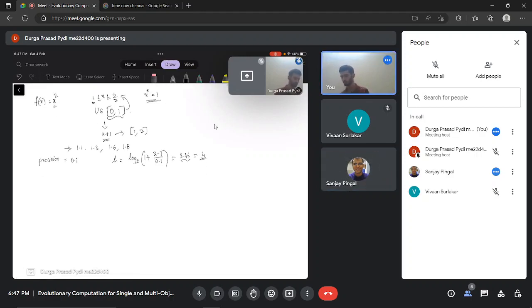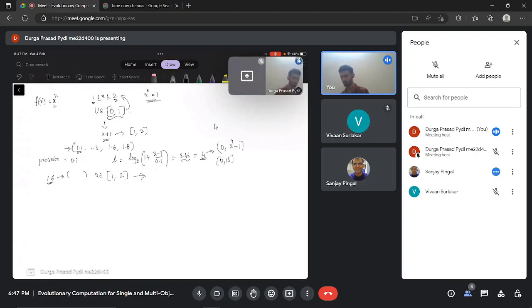If you are choosing 4 as your chromosomal length, then you need to convert all these values. We'll just take one sample. If you are considering 1.6, now I need to convert this to binary. So how do I go about it? You're converting from the space 1 comma 2, x belongs to 1 comma 2. Now you have selected a chromosomal length of 4, which means this spans from 0 to 2 power 4 minus 1, like 0 to 15.